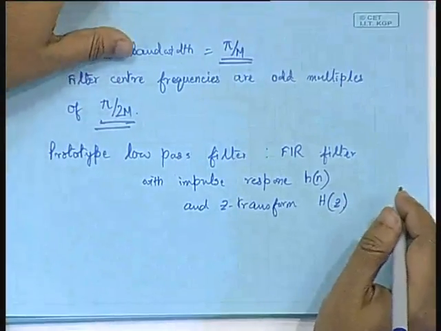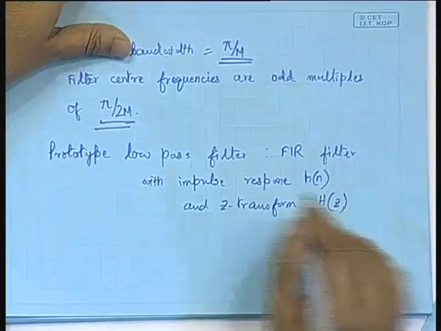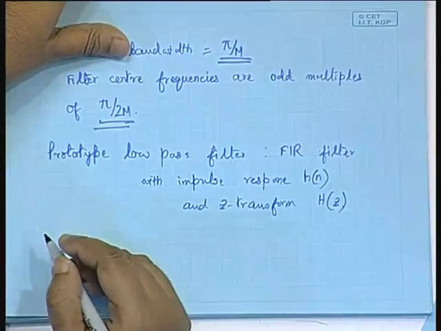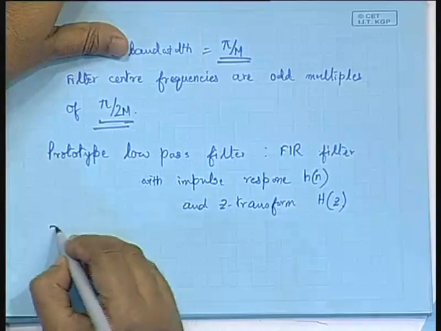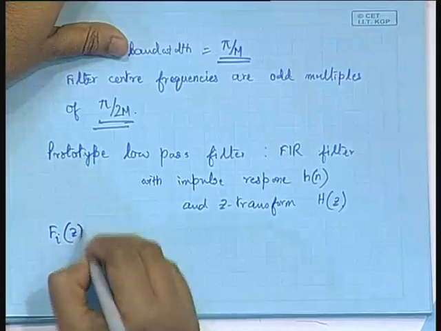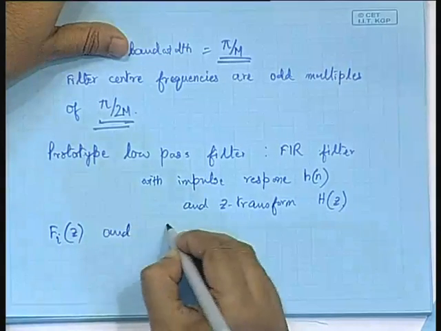Now, the band pass filters are composed of two complex filters which are F(z) and G(z).